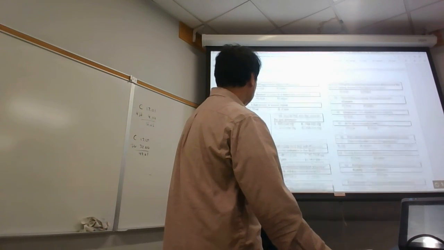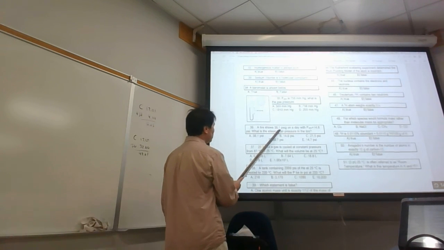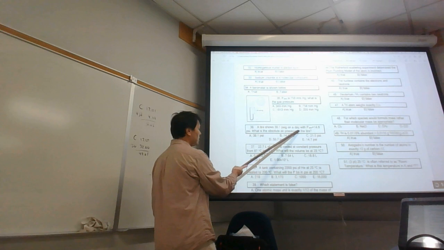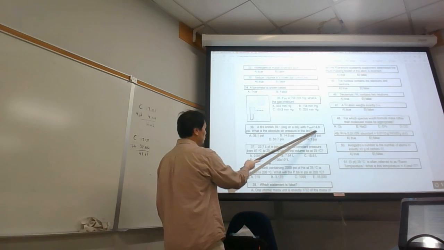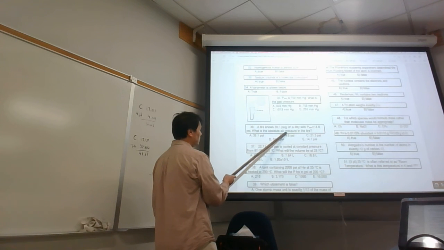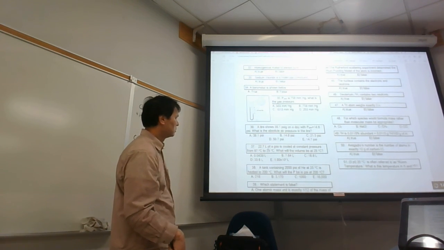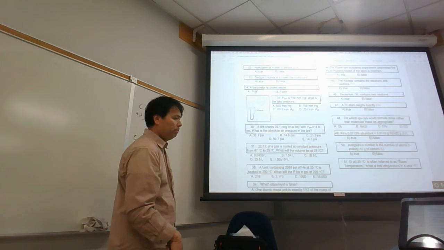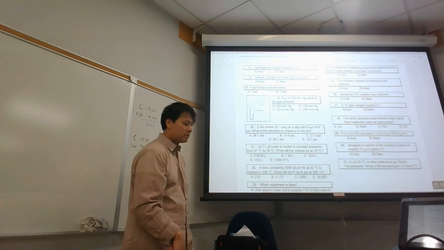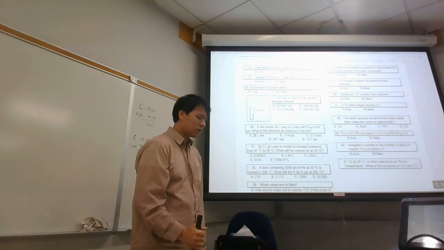35. A tire shows 36.1 psig on a day with atmospheric pressure 14.6 psi. What is the absolute air pressure in the tire? Celsius is a relative temperature.